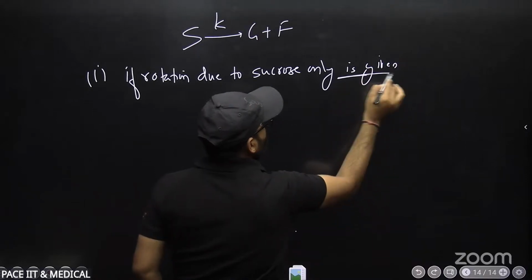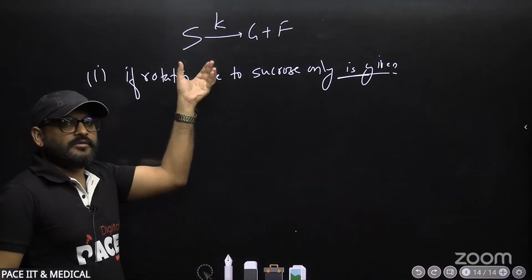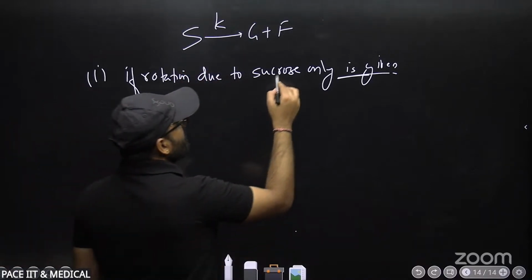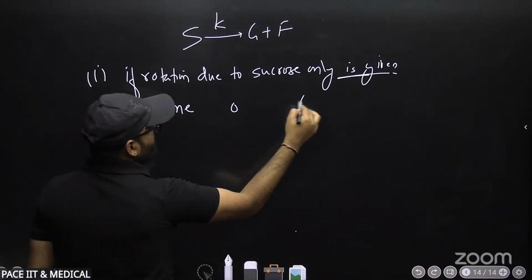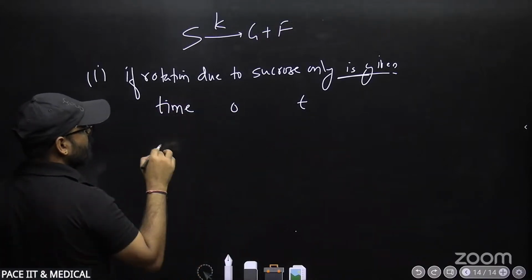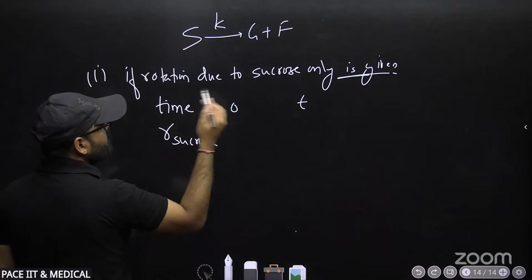Rotation due to sucrose is given. What do we need for the question? Sucrose. I know that sucrose concentration will be directly proportional to rotation due to sucrose. This rotation is due to sucrose only, not due to all of sucrose, glucose and fructose.